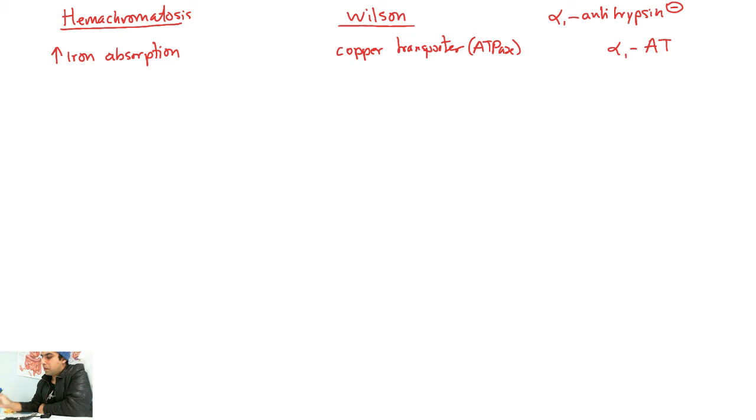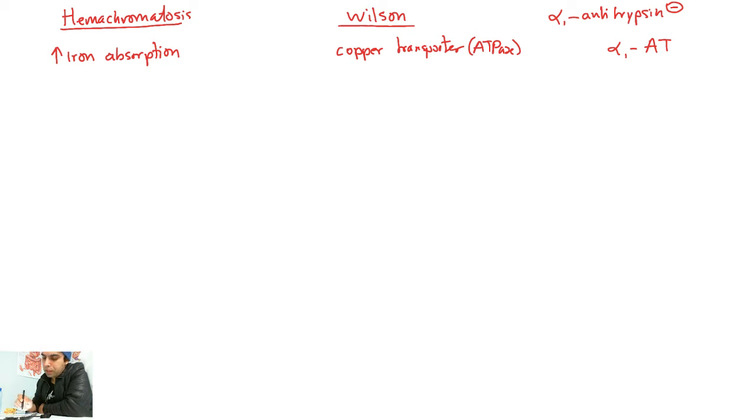Now, in hemochromatosis, most of it is genetic. It's one of the most common genetic diseases of Caucasians, the number 1 genetic disease of the liver in Caucasians. Hemochromatosis is the most common hepatic genetic disease of Caucasian people.